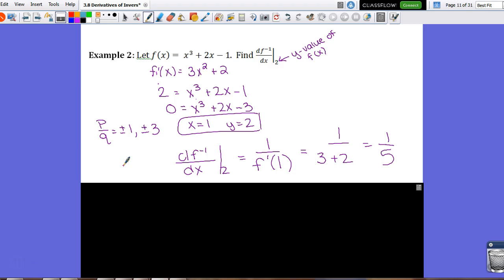So you have f of x, there's your original. So you find f inverse. In order to find f inverse, you have to flip your x and y's. You have to do that before you can take the derivative of it, and then you have to take the derivative of that.